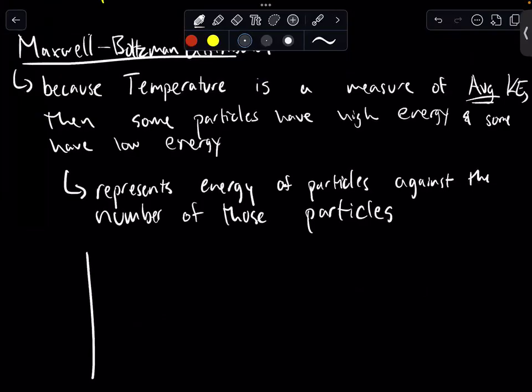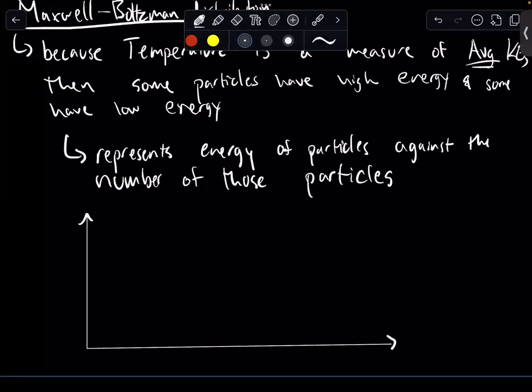So a Maxwell-Boltzmann distribution is yet another graph that you're going to have to know how to draw and know how to read. And it has two axes. The two axes are simply energy and number of particles.